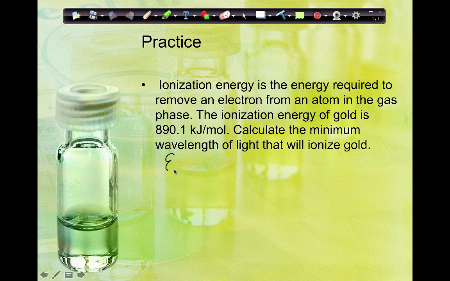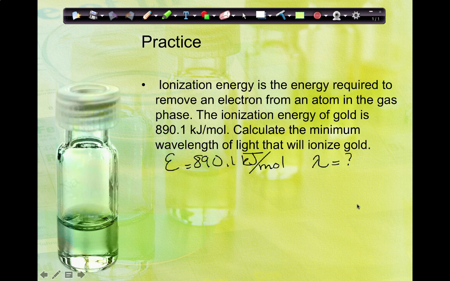So they give us energy. And it's not in joules this time, it's in kilojoules per mole. Well, what are we looking for? We're looking for the minimum wavelength that will ionize gold. So what is the wavelength required to take an electron off?